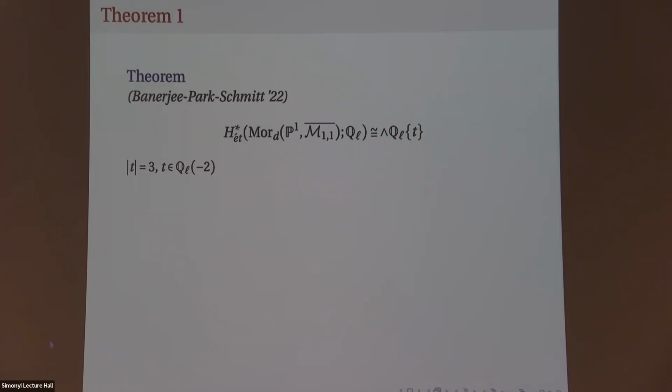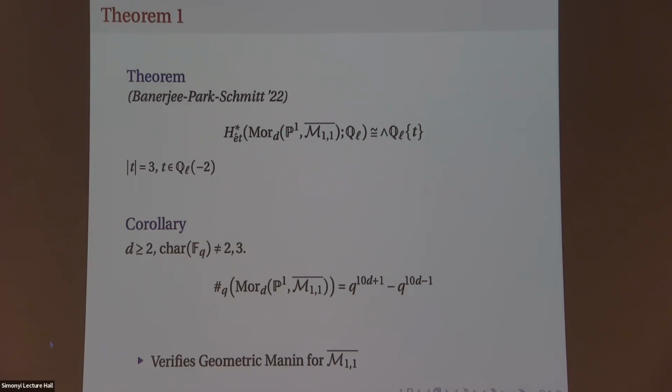And in turn, one gets point count estimates. And in the special case, it becomes Q to the 10D minus Q to the 10D minus 1. So Q to the dimension of the space terminates. And this verifies the geometric mapping for not just M11 bar, but any weighted projective space fully, following the same method or the same strategy of proof.